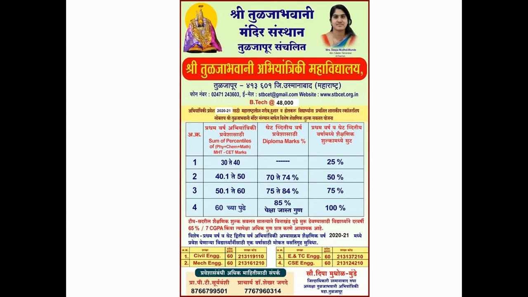If you want more information about the college, in this template you will find the contact number of our principal Dr. Shekhar Jagde sir, as well as admission chairman Professor P.T. Suravanshi sir. You can also reach our website, www.stbcet.org.in, for further information.